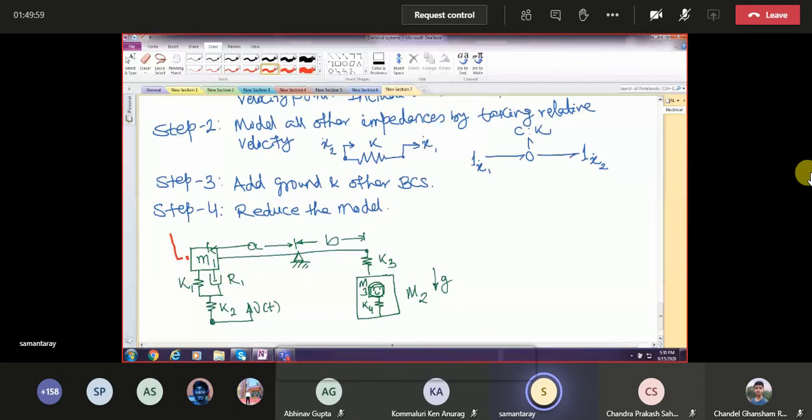Here is another velocity point, x3 dot. Then here x4 dot. Note that x1 dot and x4 dot are not independent, but they are distinct.